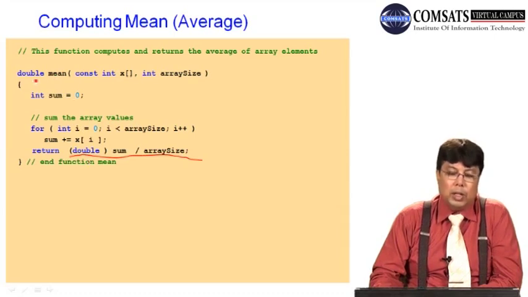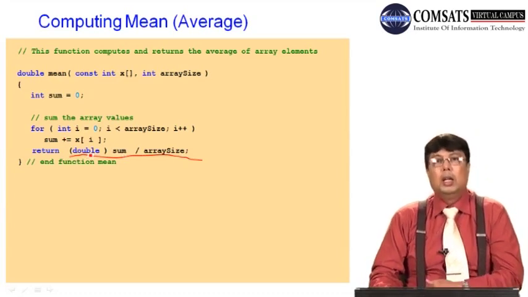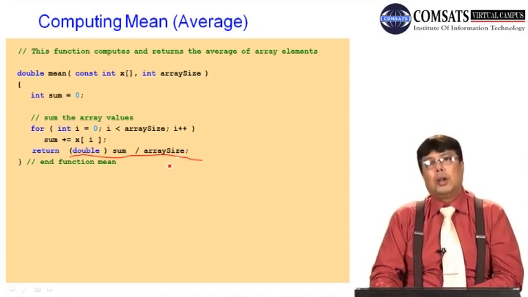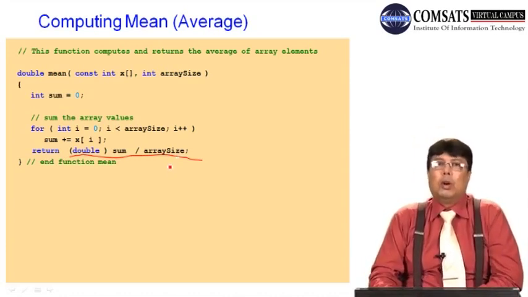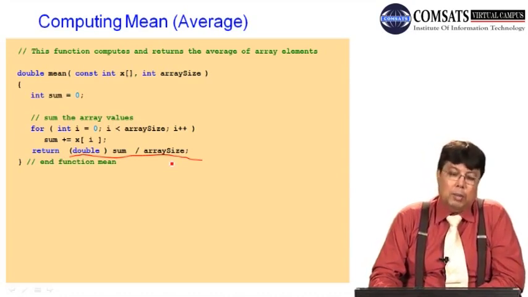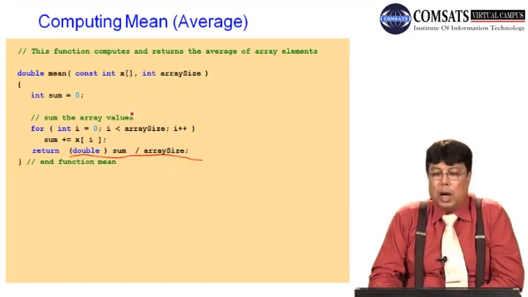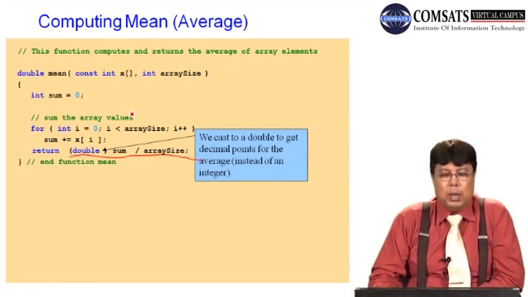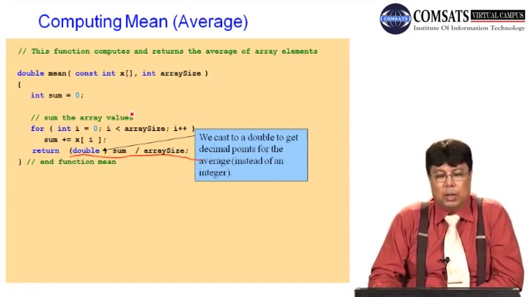That's why we have converted this mean to a double value. So in this sum divided by size, the fraction part after the integer will not be truncated, rather it will be retained, because we are converting it to double, and we will return it back. So we cast to a double. This is called typecasting, and I promised I will teach you in some other lecture.